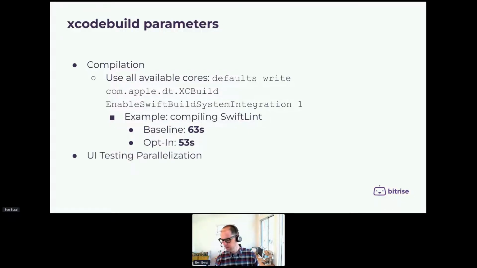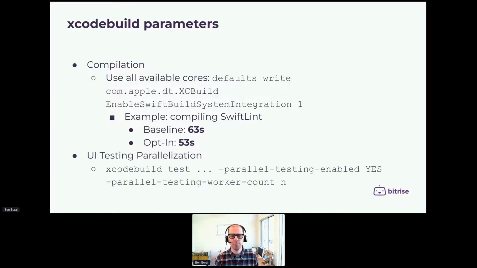Another thing for our iOS developers in the room today, whenever you're running UI tests, you can use the parallel testing enabled and parallel testing worker count options on Xcode Build. And so what this will do is it will spin up additional iOS simulator clones, and so you can run your tests in parallel.